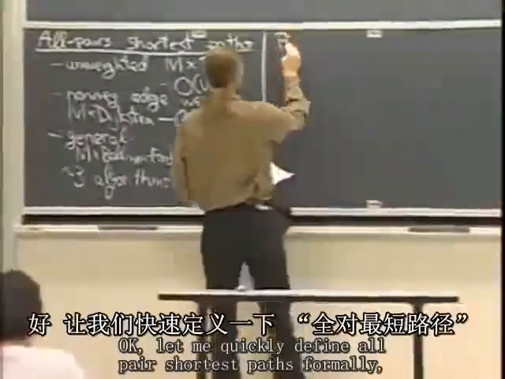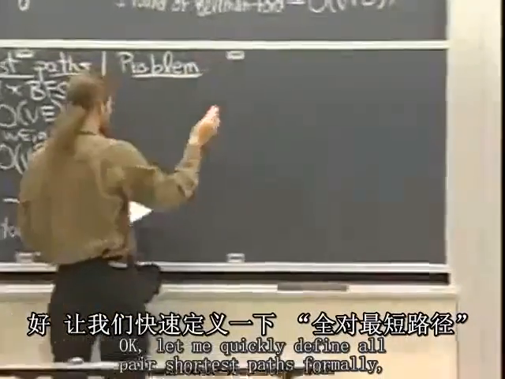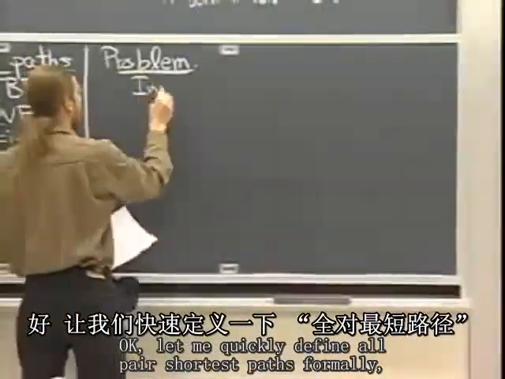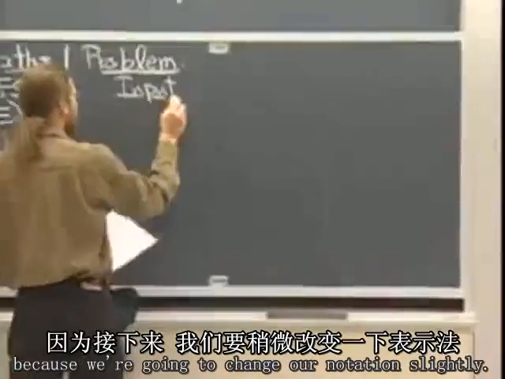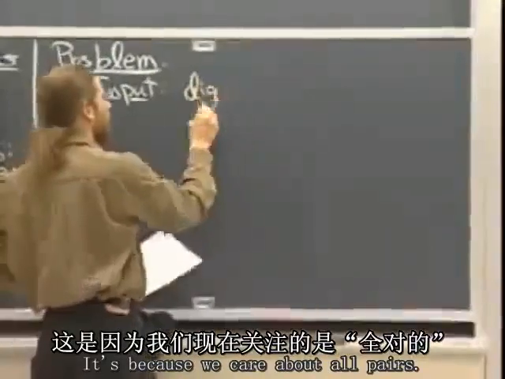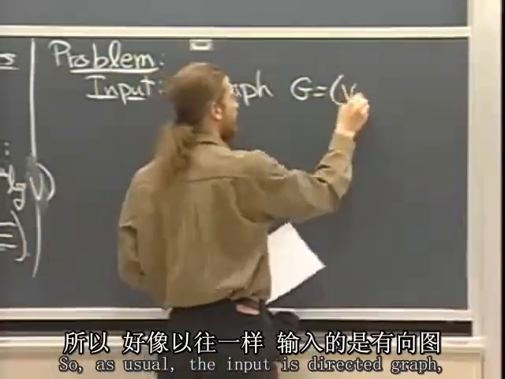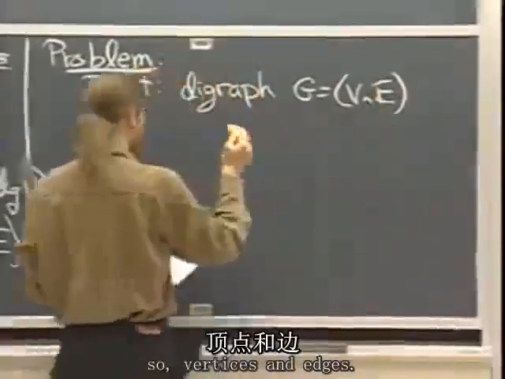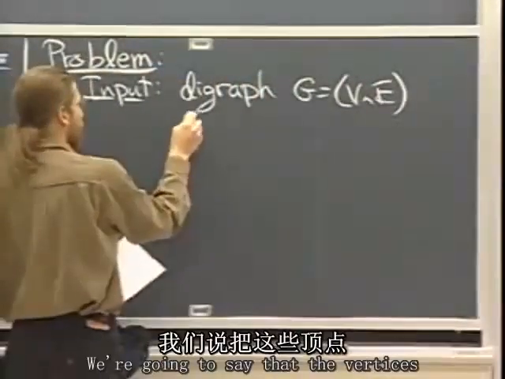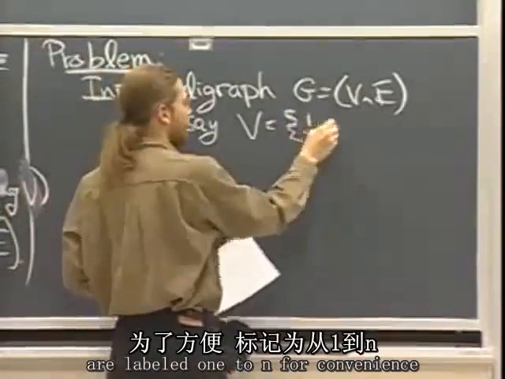Okay, let me quickly define all pairs shortest paths formally. Because we care about all pairs, we're going to change our notation slightly. So as usual, the input is a directed graph, some vertices and edges. We're going to say that the vertices are labeled 1 to n.